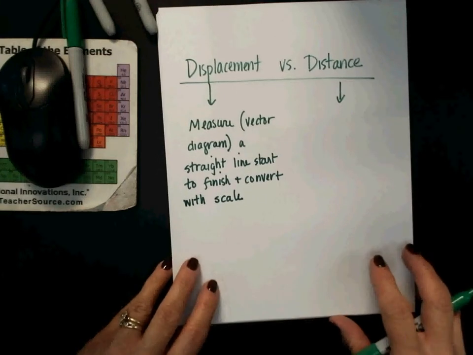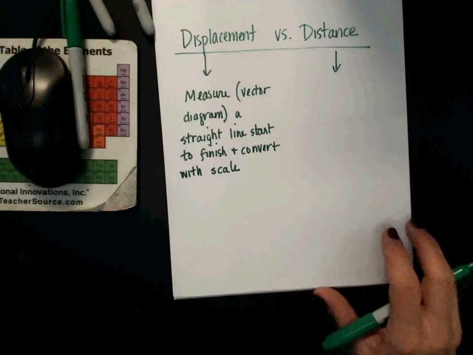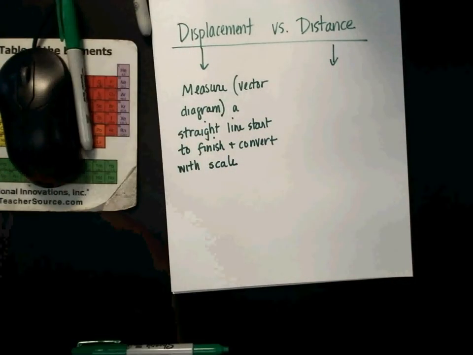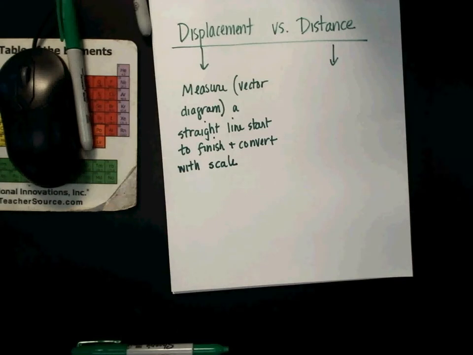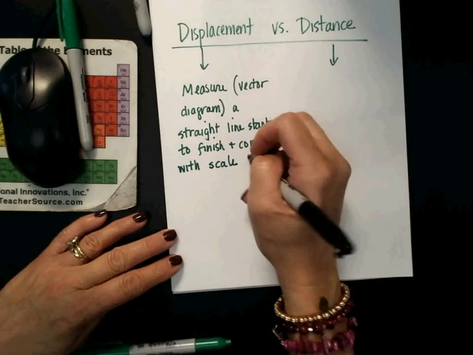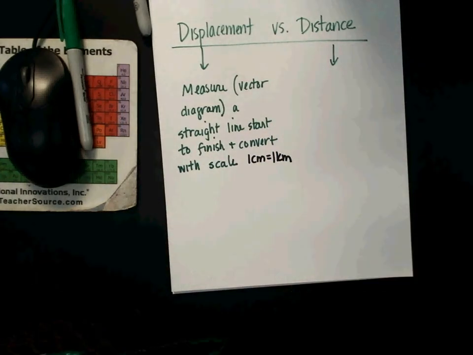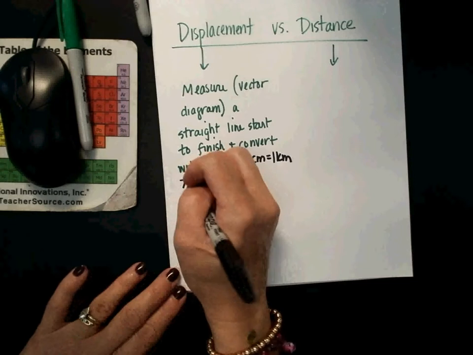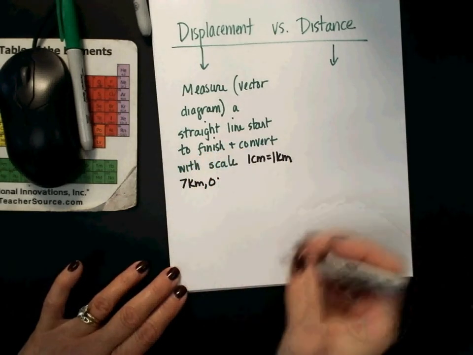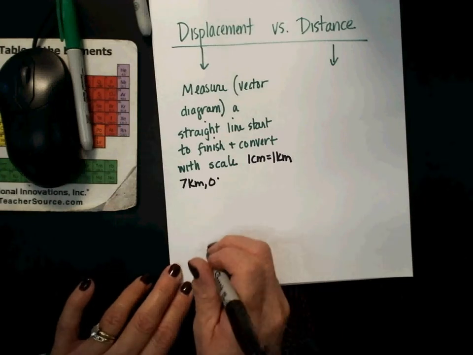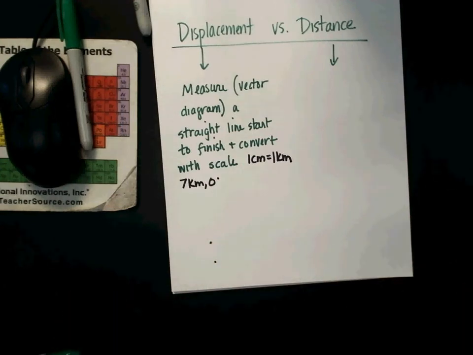Let's look at this. Everybody have a ruler? I'm going to have you do this with me. Let's say I'm just going to make a little vector diagram here. We'll make this easy: 1 centimeter equals 1 kilometer. So we can whip through it pretty quick. The first thing I want you to do is go 7 kilometers, 0 degrees. I'll just start about here. I need a ruler.